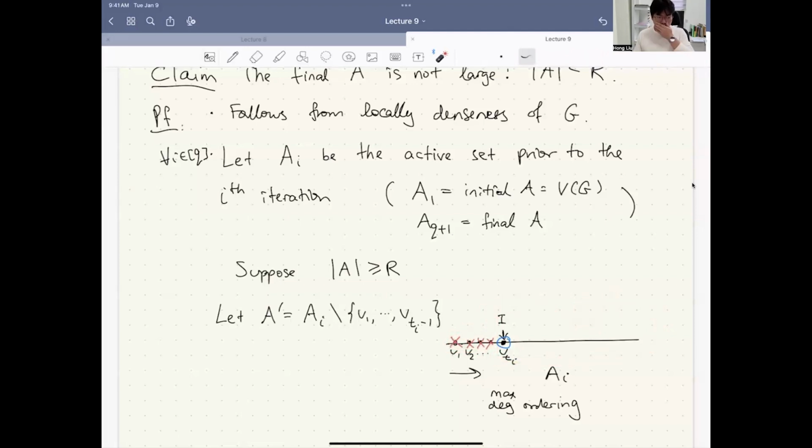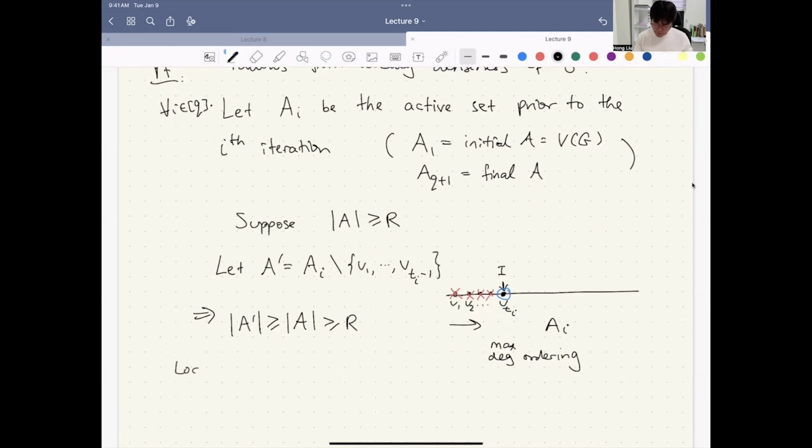Now, first of all, since I is at most Q, A prime is still at least as large as the final set A. We have A prime is at least the final set A, which is at least R. Then by locally denseness, the number of edges induced by A prime is at least a beta fraction of A prime choose 2.